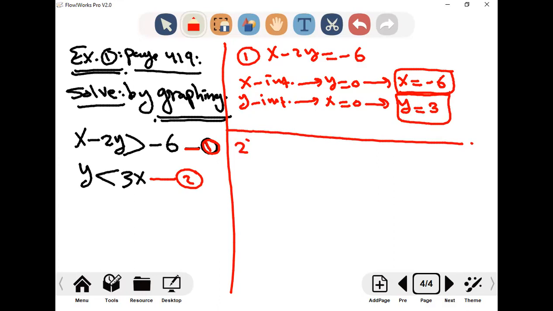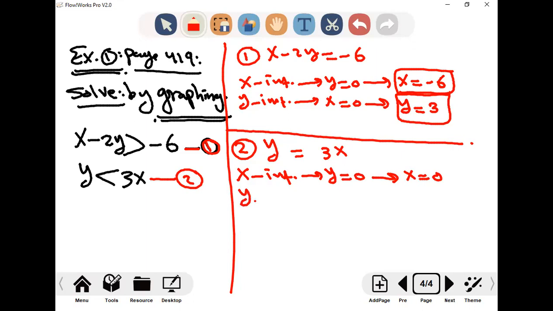Now the second one, which is y less than 3x. Turn it into an equation. Find the x-intercept, with y equals 0. If you put y equals 0, 3x equals 0, right? Divide by 3 on both sides, x will be 0.